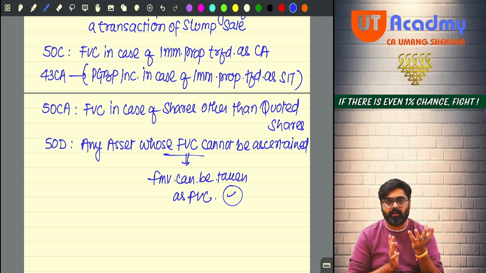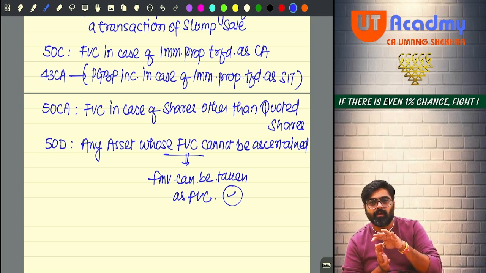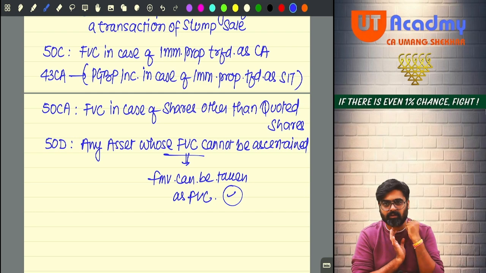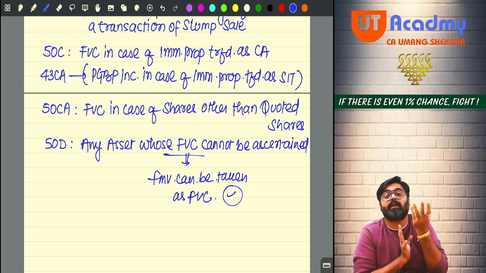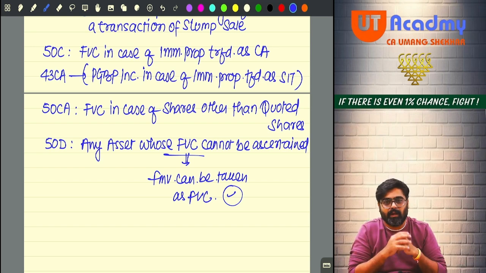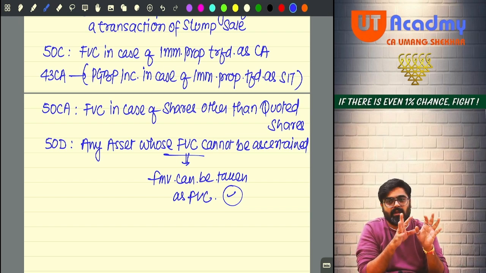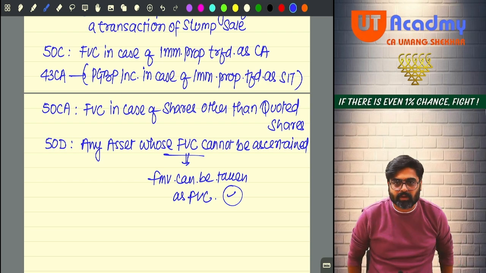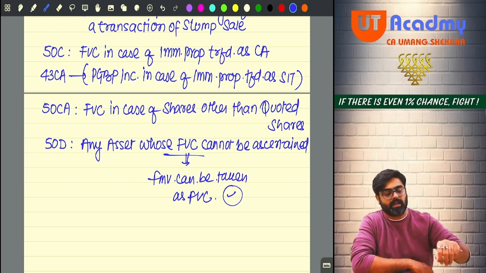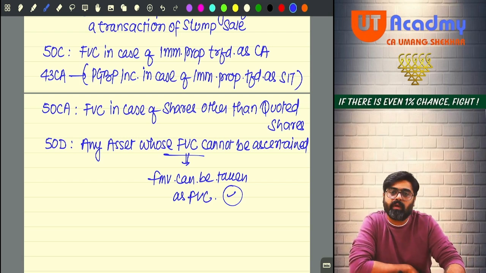So FVC, you are showing, but according to him that FVC is not the correct FVC. He is trying to determine, ascertain the full value of consideration, but he is not in a position to ascertain that correctly. Because who is going to tell the full value of consideration? You only know. And you are lying. We don't have trust in you. We don't believe you. 50 grams of jewelry you have transferred, and you are saying that you have transferred that jewelry only for rupees 5 lakh. How can we believe?